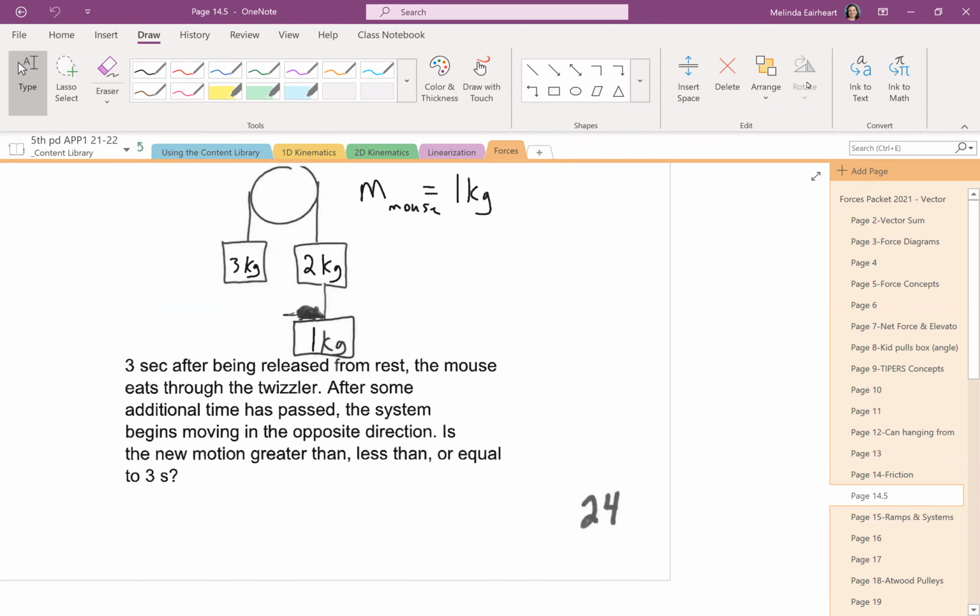And if you take that forward is positive approach, well, the left side has a total of 3 kilograms. What about the right side? It has a total mass of, looks like 3 if you're not careful, but don't forget the mouse is there. So it'd be 4 kilograms. And so what direction is this system going to go?